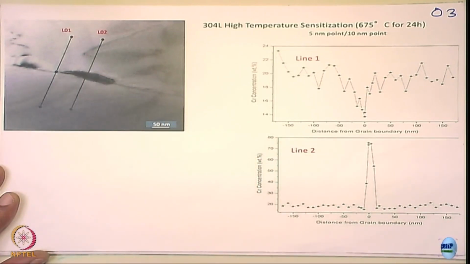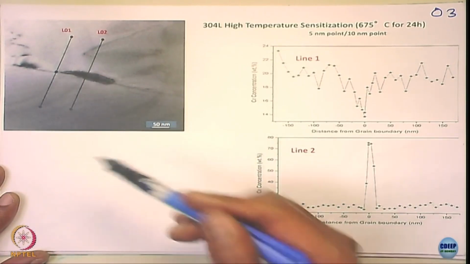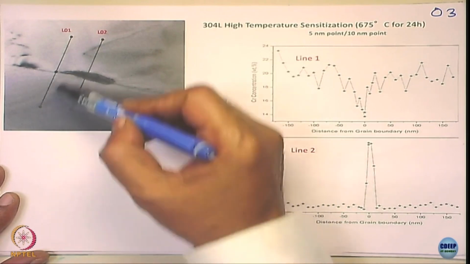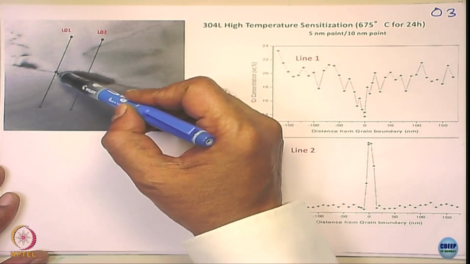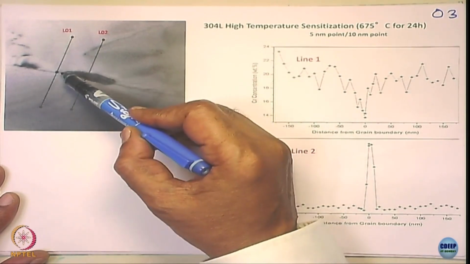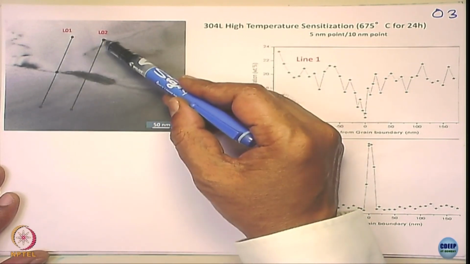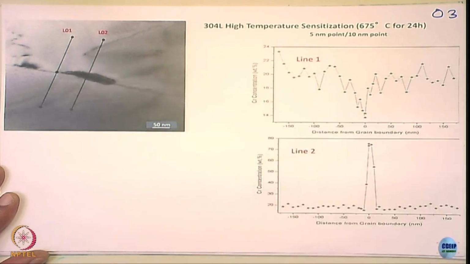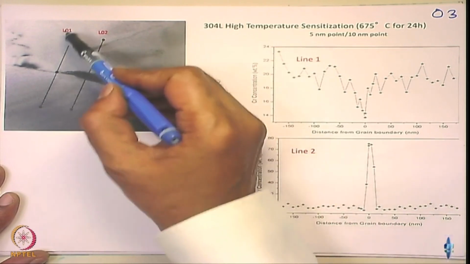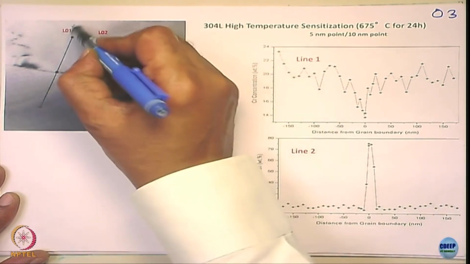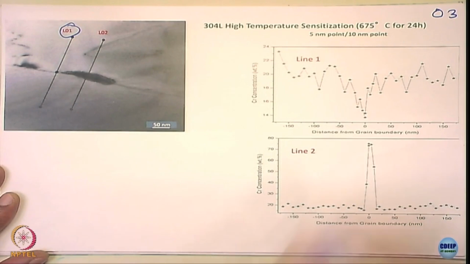And he has mapped the chromium content next adjacent to the chromium carbide here and along the chromium carbide. The one referred here corresponds to this.